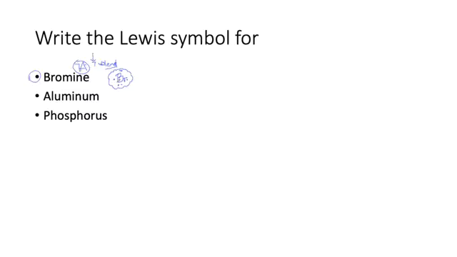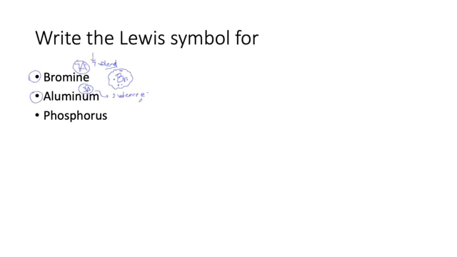So now let's look for aluminum. I'm just going to tell you what the valence electrons of aluminum are right here, but you can do it yourself, because aluminum is in group 3A of the periodic table, and that directly tells me that aluminum has 3 valence electrons.